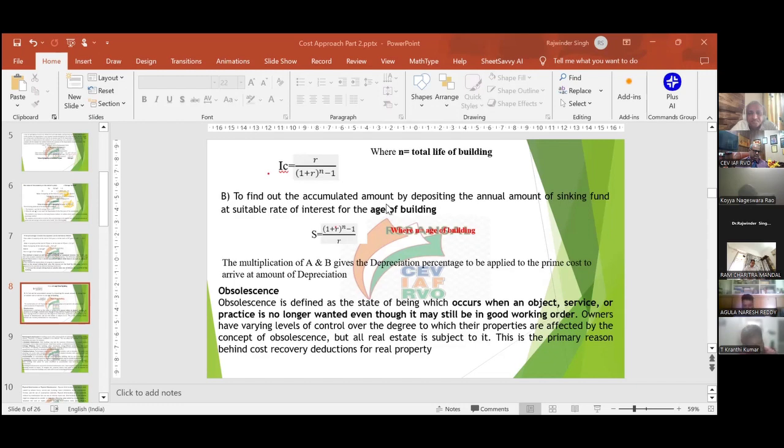So this condition is called obsolescence, that though it can be in still good working condition, its practice is no longer wanted. That is obsolescence.